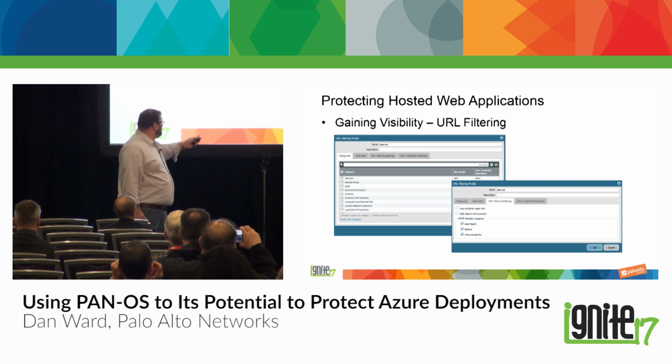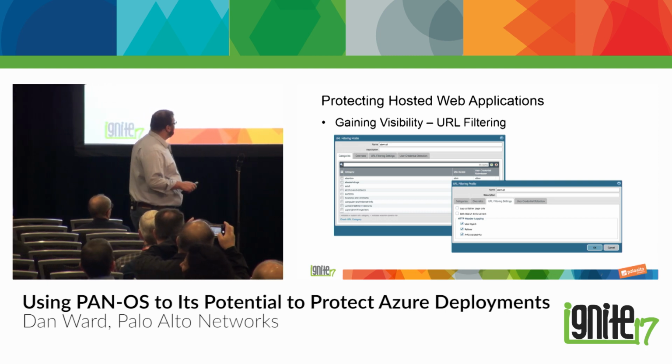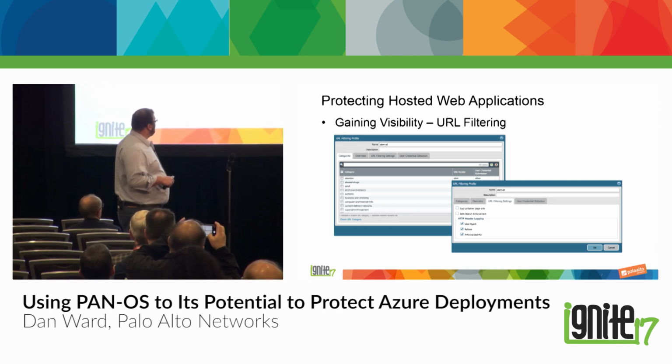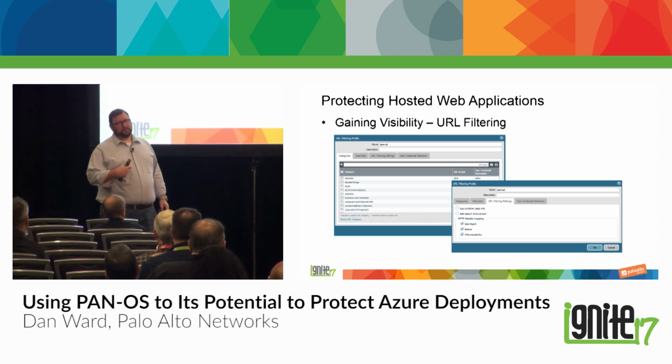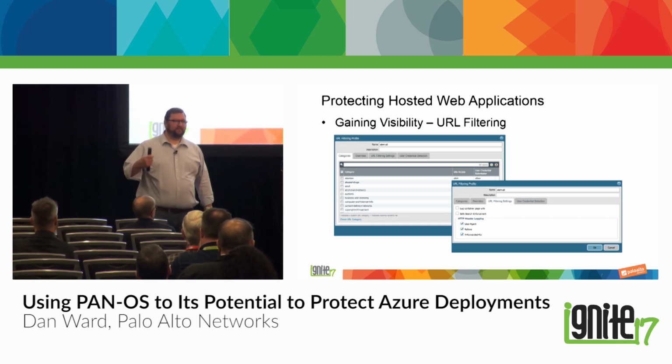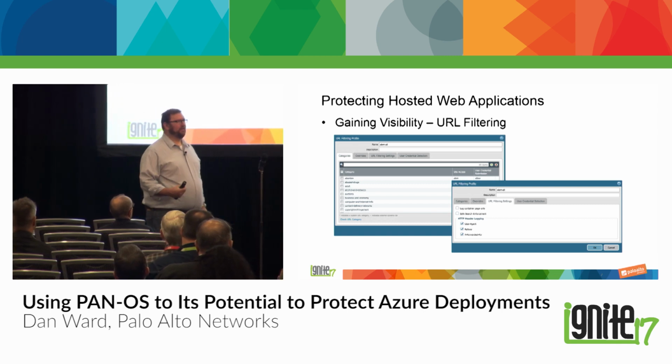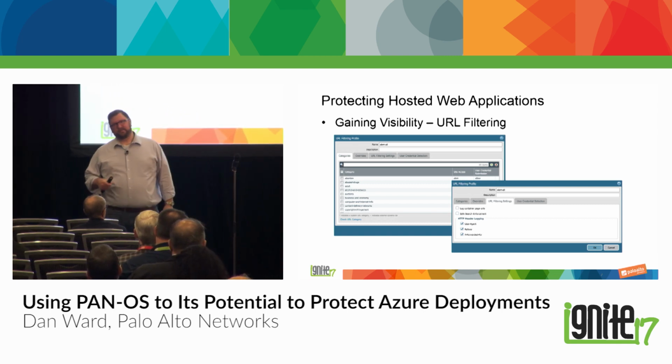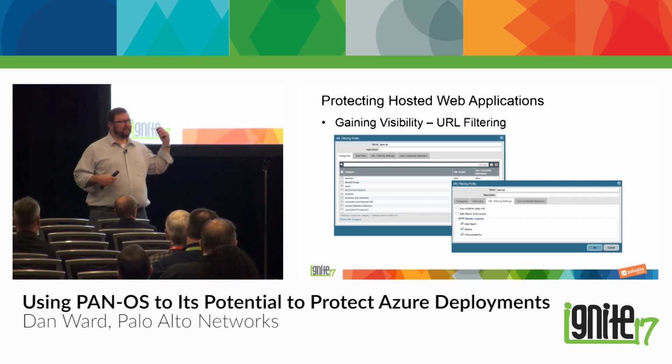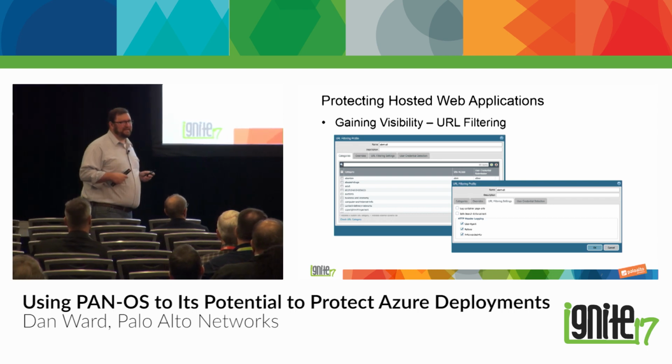In addition, this is not the default configuration for the URL filtering profile. By default, we log the container page only, and we do not log this information. So from my perspective, I want to have every piece of information that is possible to gather about how you're interacting with the web service that I'm trying to protect. So I'm going to enable as much verbosity in that log as possible.